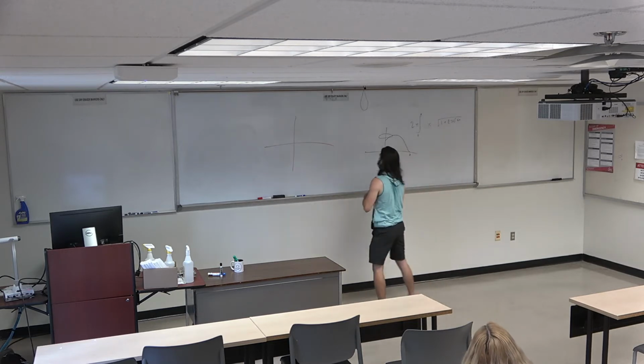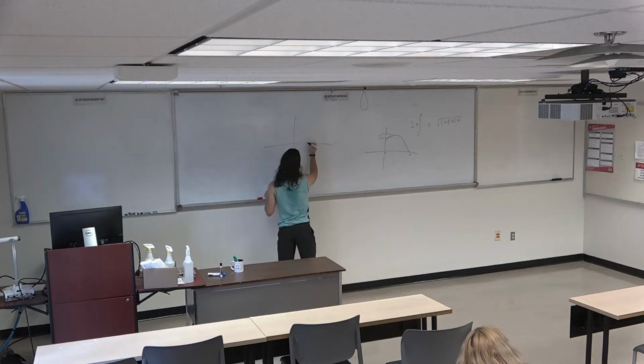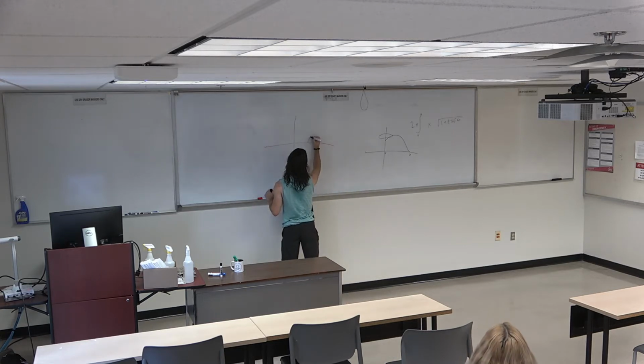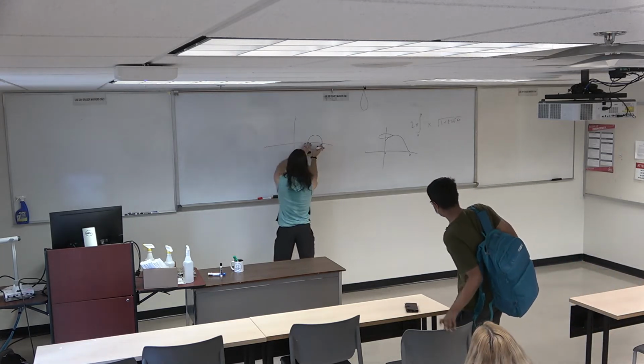And the reason is, and I should be thinking about this and I'm not, is because, okay, let me draw it out first. So here's the curve that we're rotating around the y-axis, right?